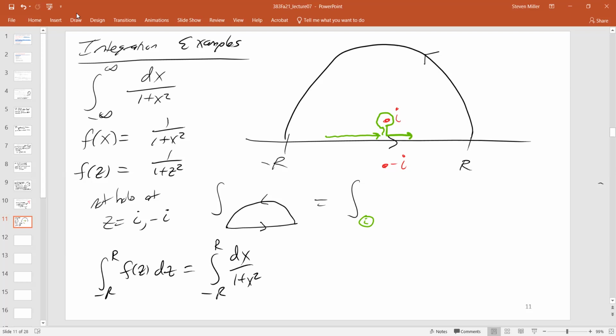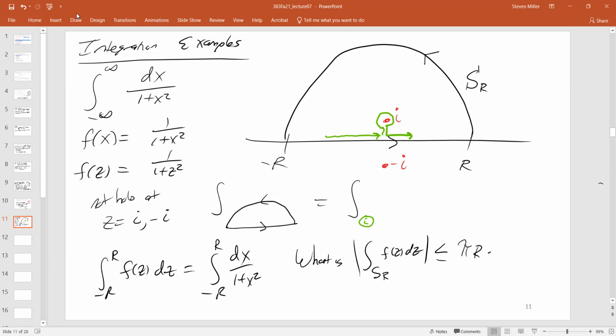What is the integral over the semicircle part? So let's call this S of r. Now, what is the integral over S of r of f of z dz? Let's bound that. What's the length of the curve? What's the length of the semicircle? Yes, pi r.